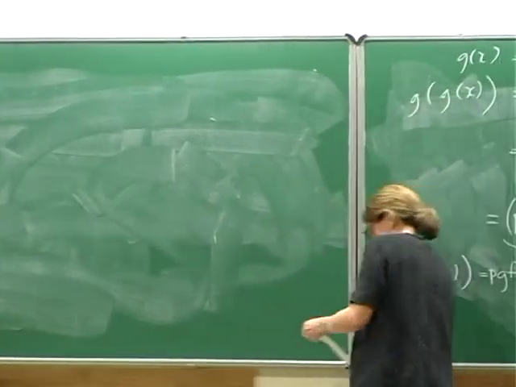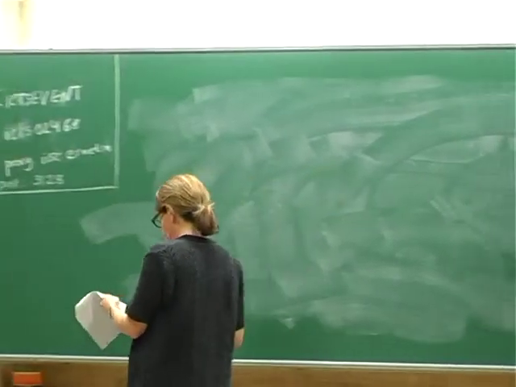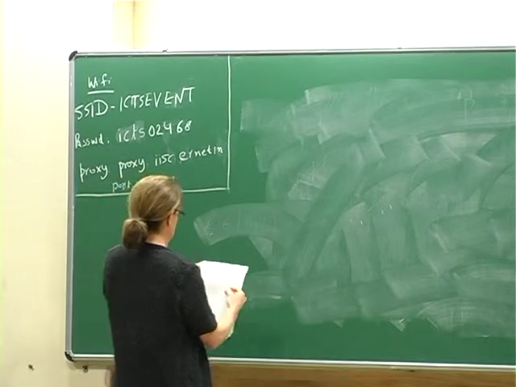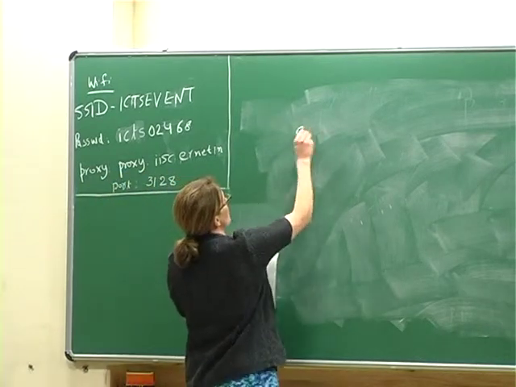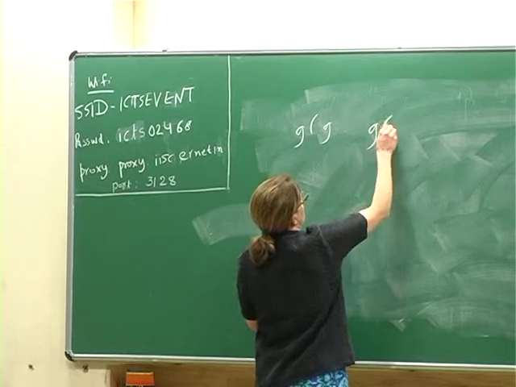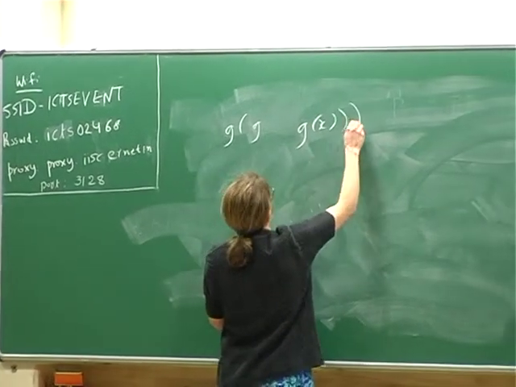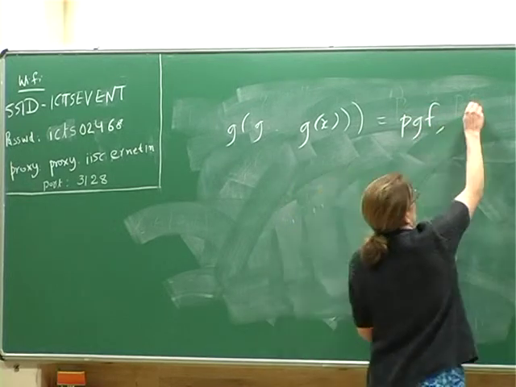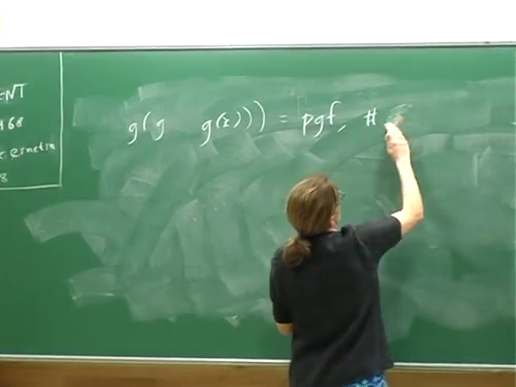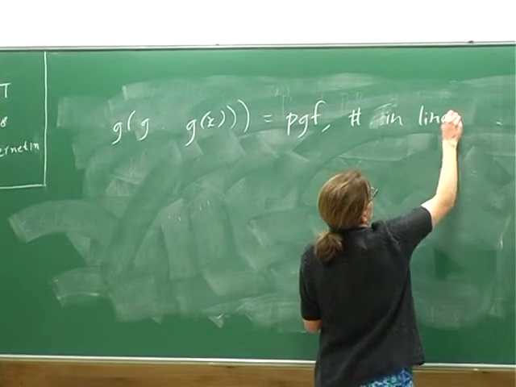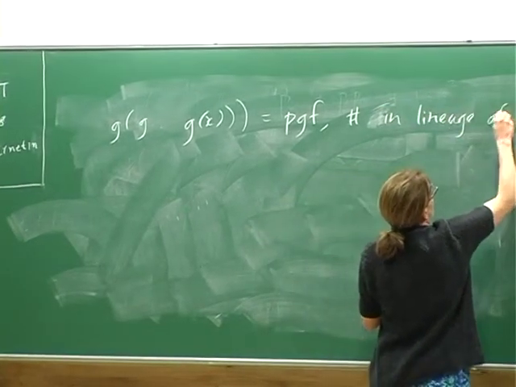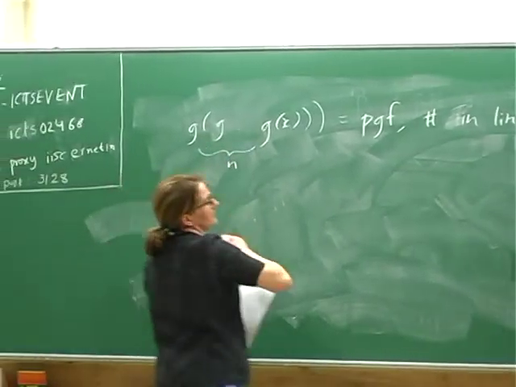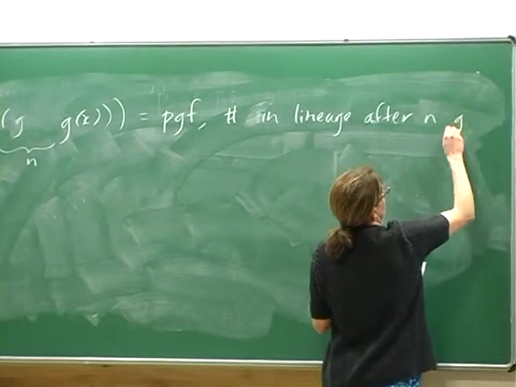So let me get that up here. So generally, g of x composed n times is itself a probability generating function for the number in the lineage after n generations.